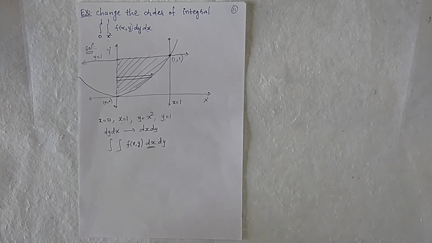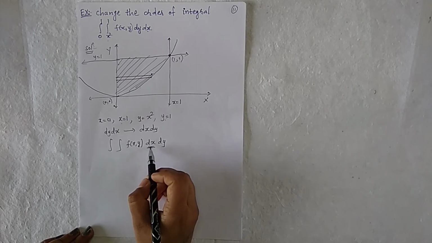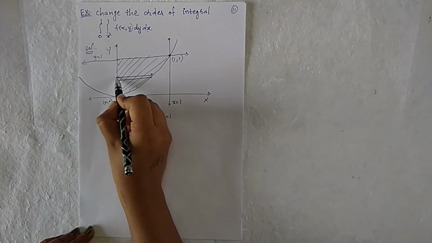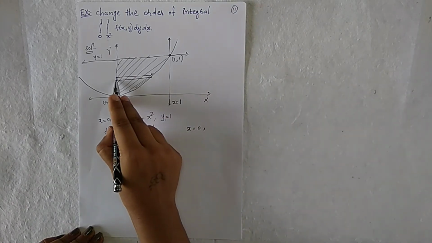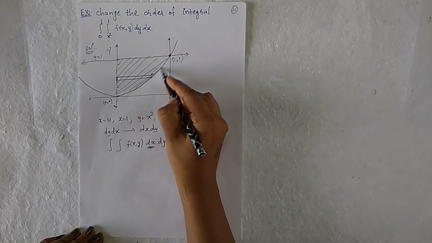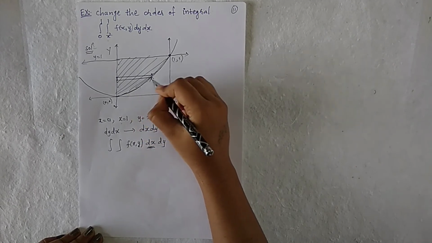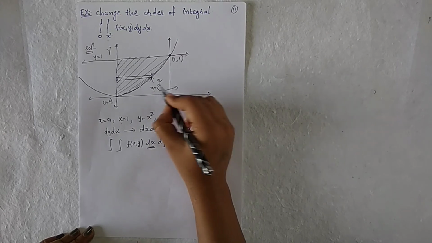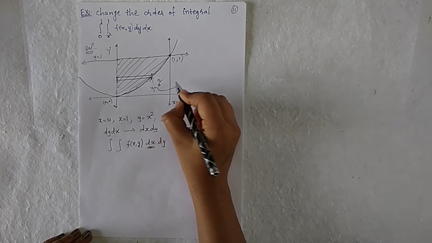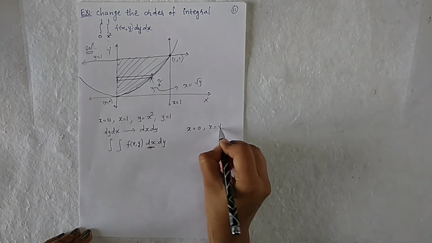Okay. Now we will see what the limit is according to the x-axis. The lower limit is obviously 0. So the lower limit is x is equal to 0 and the upper limit is this curve, y is equal to x square. Here we want the limit in x, so x is equal to square root of y.